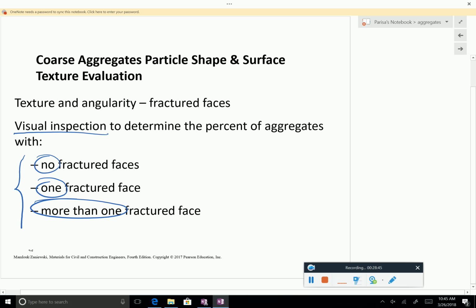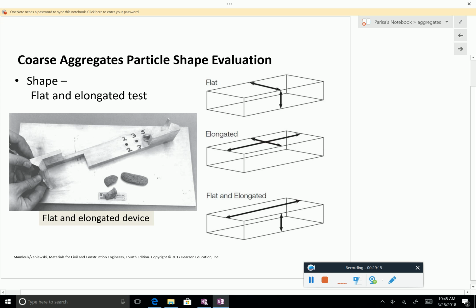Nowadays they are hopefully soon moving towards camera-based methods, where they actually take a picture and then figure out if the aggregates are angular or not. But the traditional method is really looking and inspecting samples of the aggregate and counting how many fractured faces you have, and you decide on the texture of your aggregate.